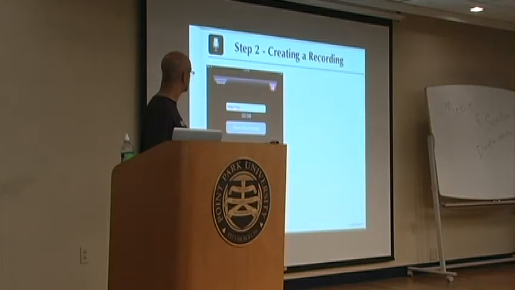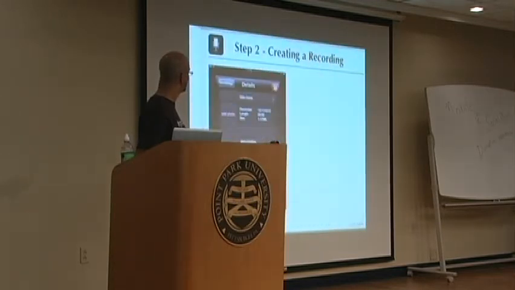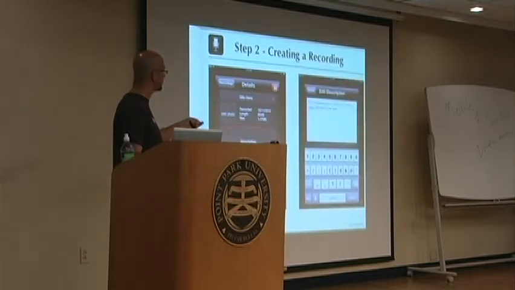All you have to do at this point is put a title in it, hit save recording, and click on the show you just recorded. When you get there, you're going to see the basic information about this recording. At this point, what I recommend is that you click on description and put in the description for your show.